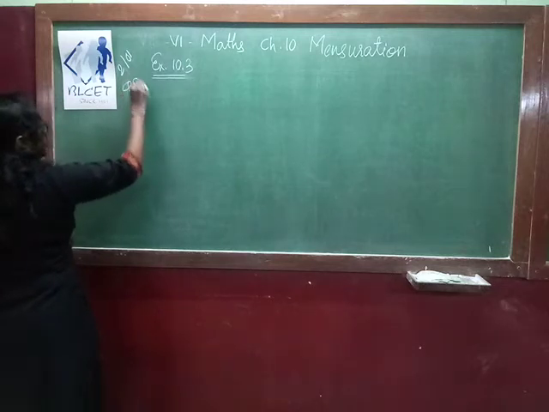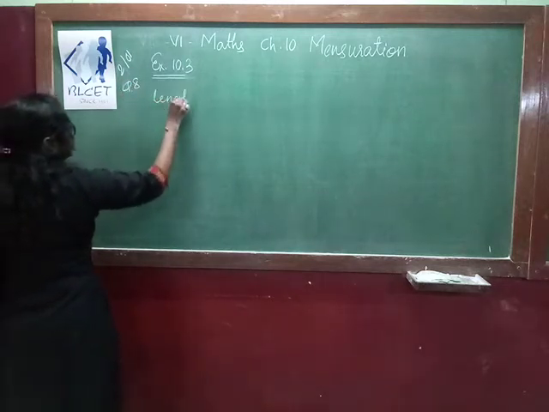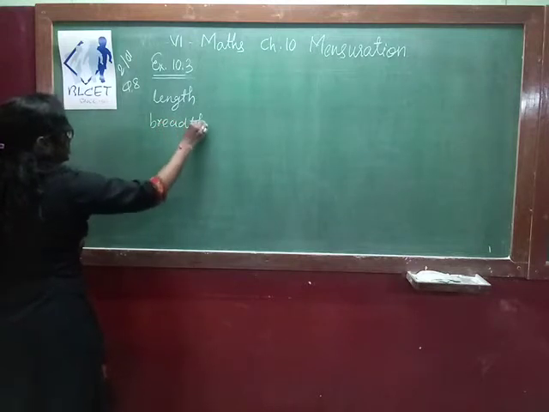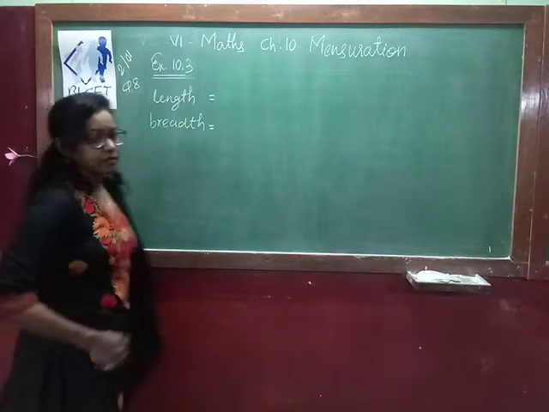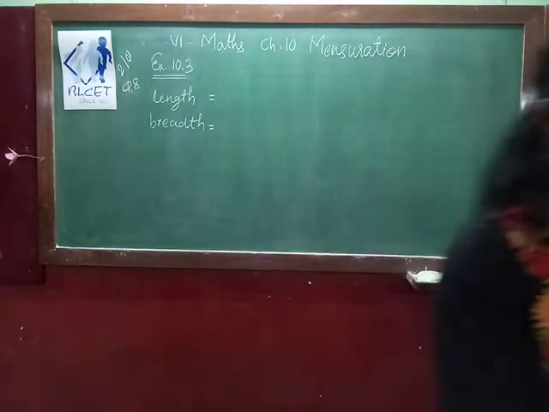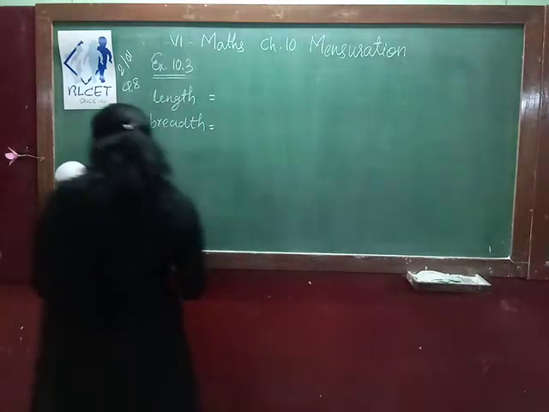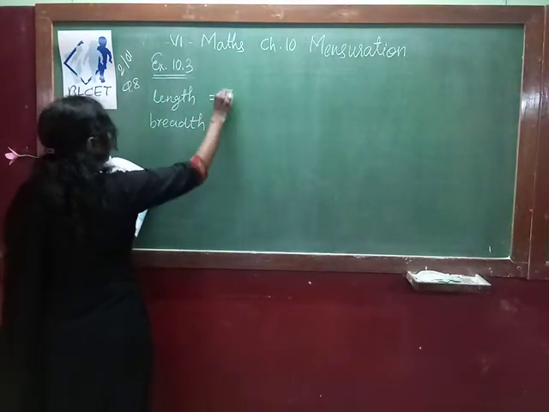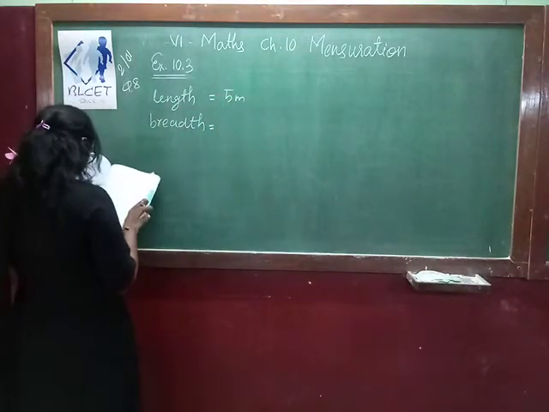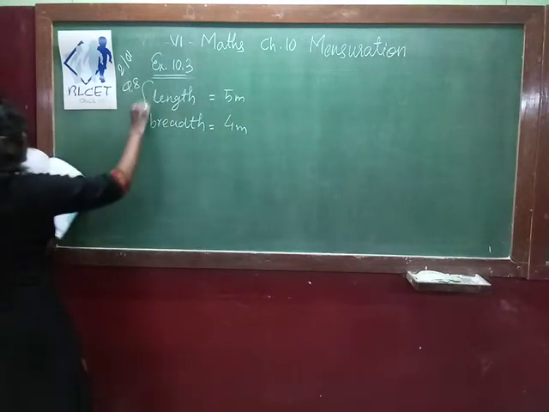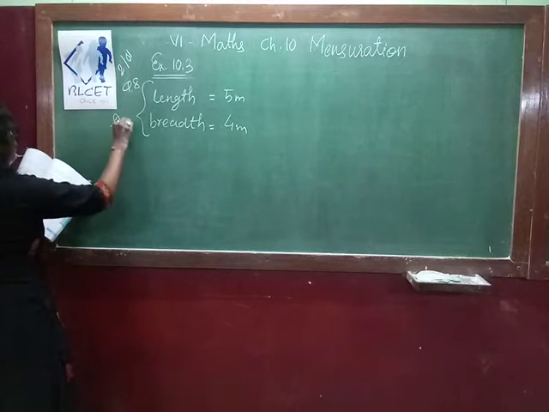Question number 8. Length is given and breadth is given. So length is equal to 5 meters and breadth is equal to 4 meters. This measurement is given for the floor.